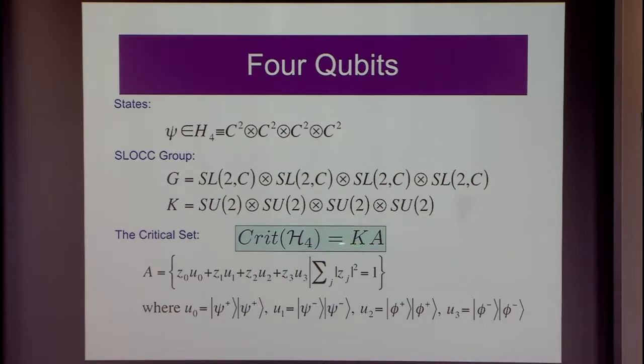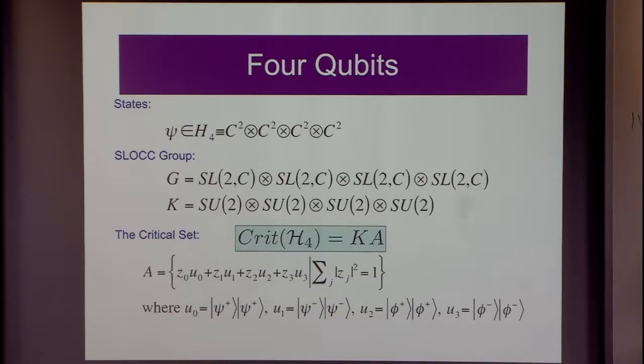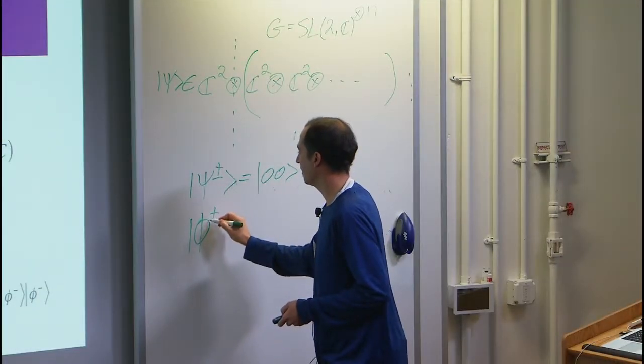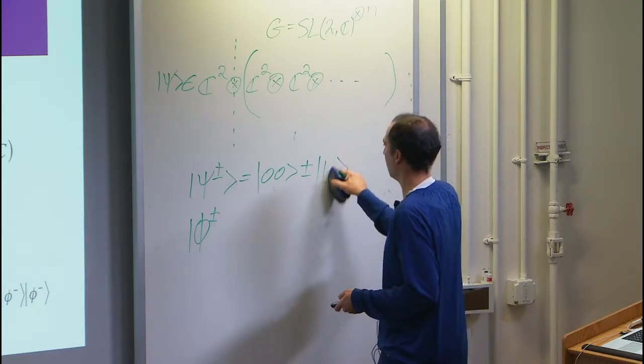In 4 qubits, you can characterize it in terms of a 4-dimensional vector space, where up to local unitaries we can write it like that. I should define what these states are. So psi plus minus is 0, 0 plus minus 1, 1, and phi plus minus, maybe I'm wrong, one second, this is 0, 1.